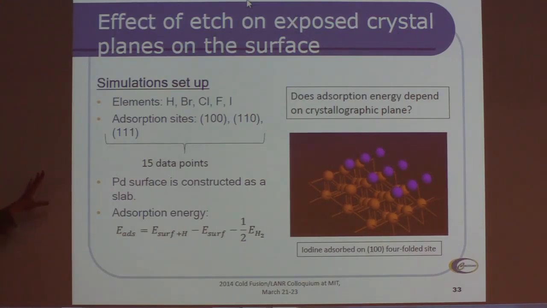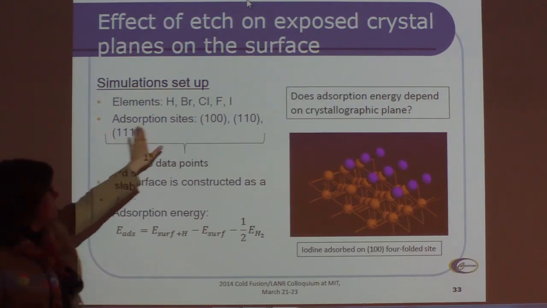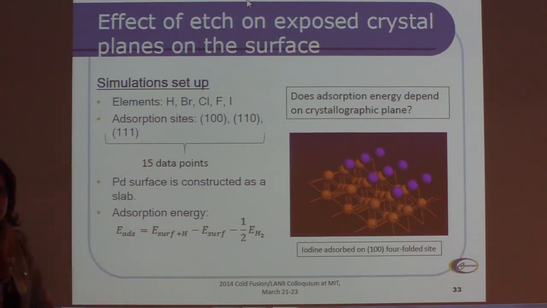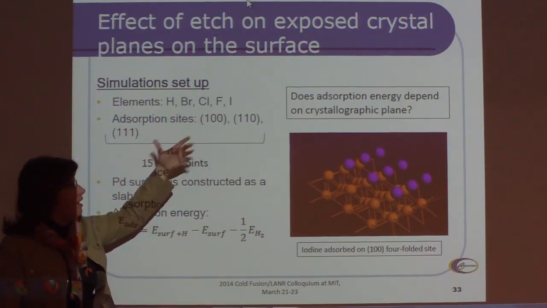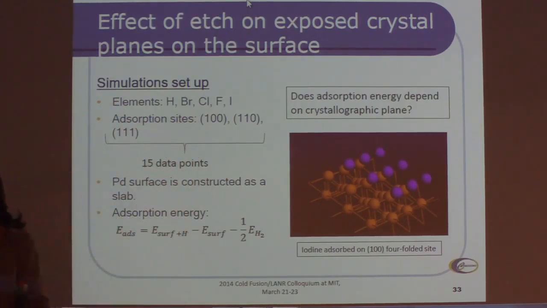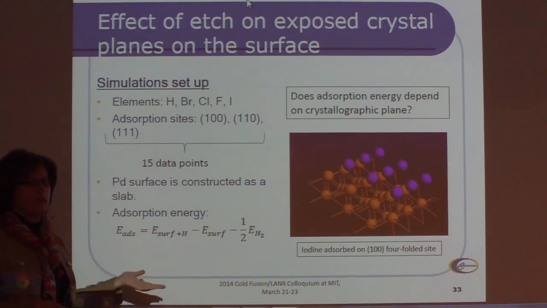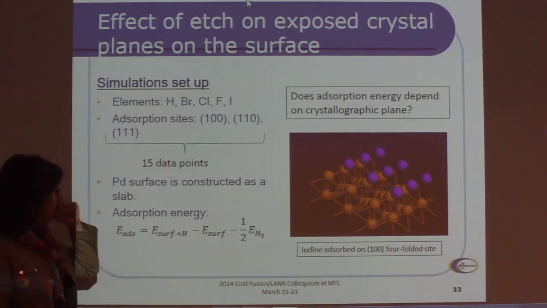So I set out the study. I'm looking at these 3 different crystal planes, and I actually decided to expand it. So now I'm looking at more halogens. And I have included chlorine because, for example, Mike McKubre is talking about poisoning the cathodes with HCl. So I wonder what chlorine has to do with it.